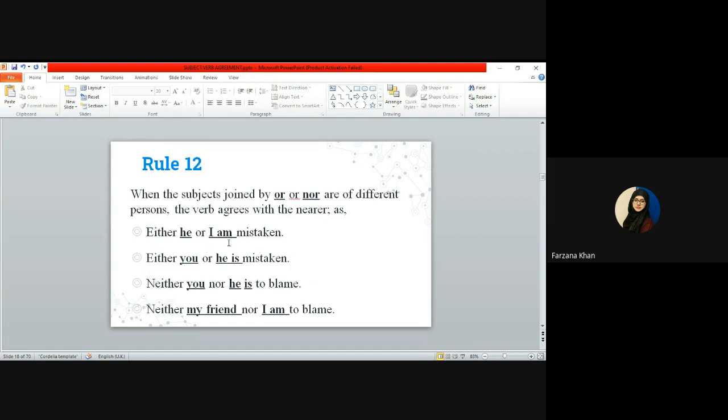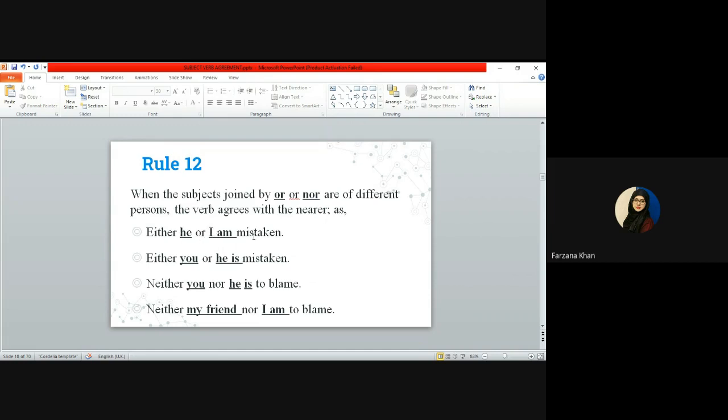In this sentence, he and I both are personal pronouns, but both these pronouns require different verbs. So what to do here? When these types of pronouns are connected by either or neither nor, then we will always use verb according to the nearer subject, according to the nearer noun or pronoun, right?